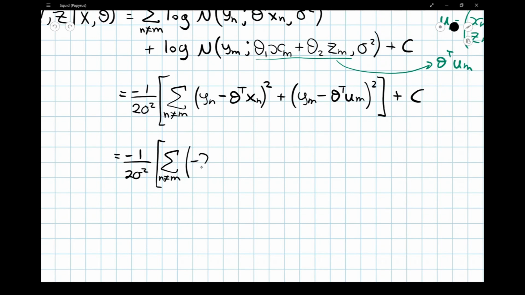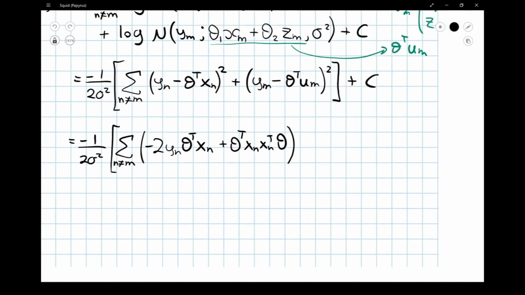We are going to have a minus 2 yn theta transposed xn in there. And we're also going to have a theta transposed xn squared, but we're going to write that out in a way that lets us relate back to some previous expressions relating to taking the derivatives of vectors. So I'm going to write that as theta transposed xn multiplied by xn transpose theta, which is the same as that thing squared.